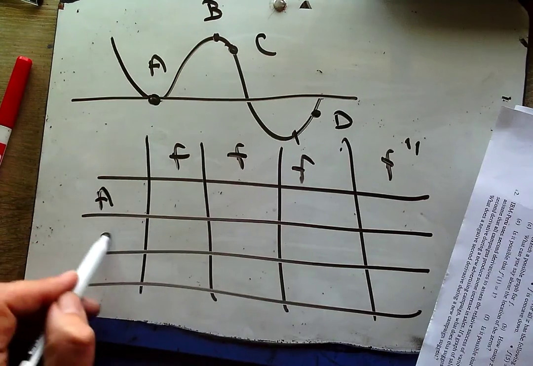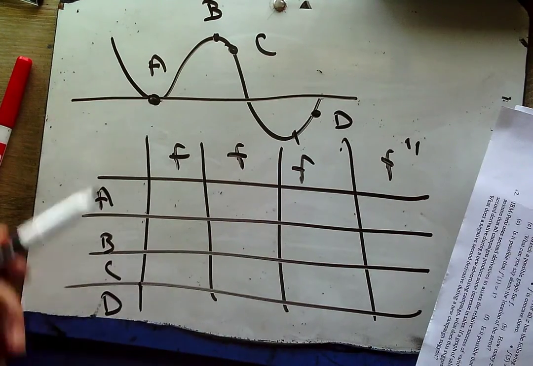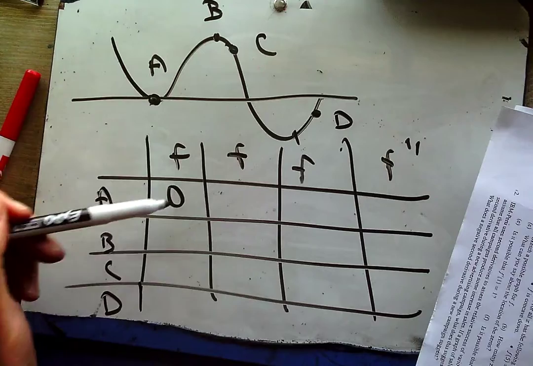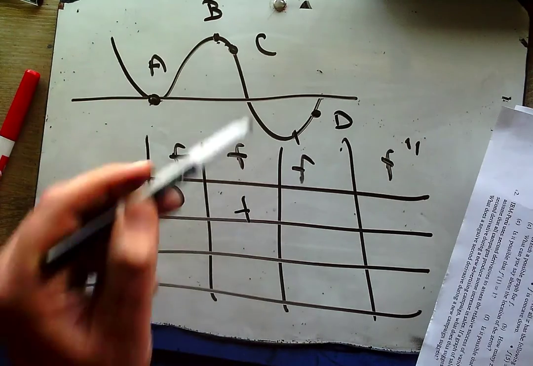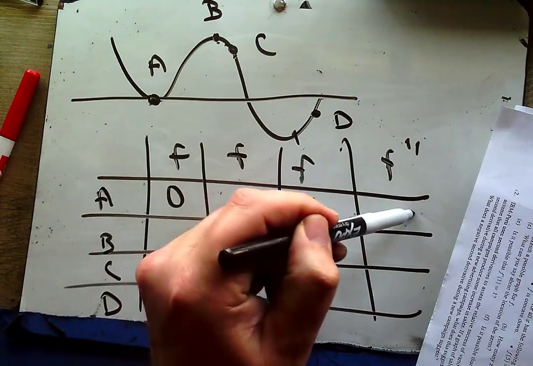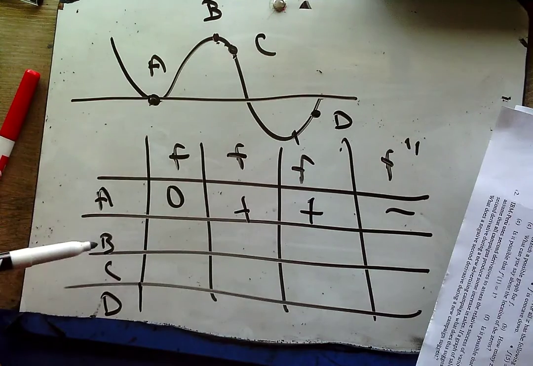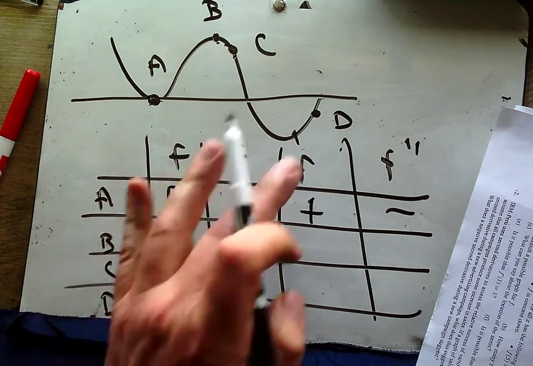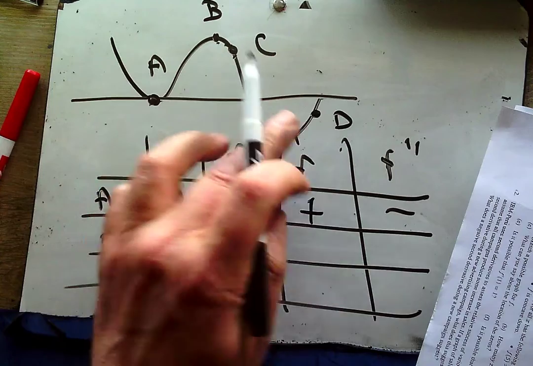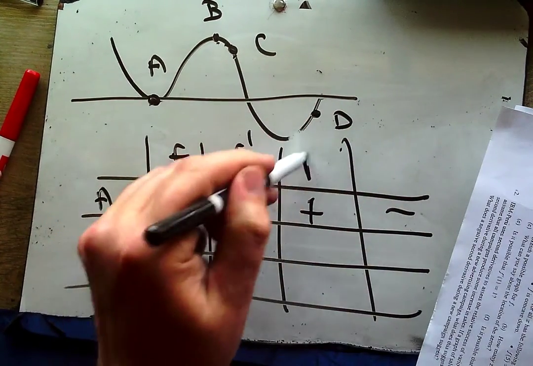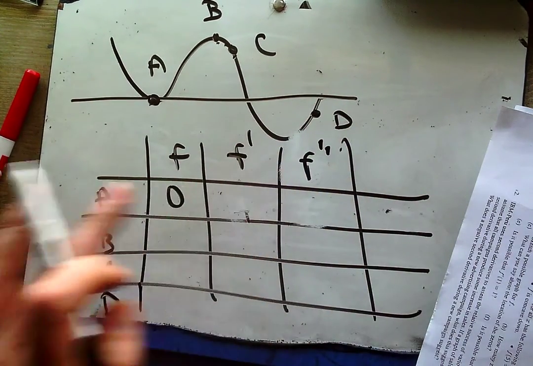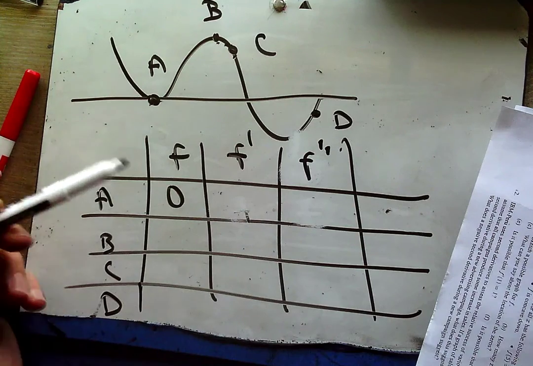And we've got A, B, C, and D. So at this point, F is 0, F is positive, F is positive, F is negative. Well, no, goodness me. Sorry, so used to doing the chart with the other orientation that I completely ignored what I was doing.